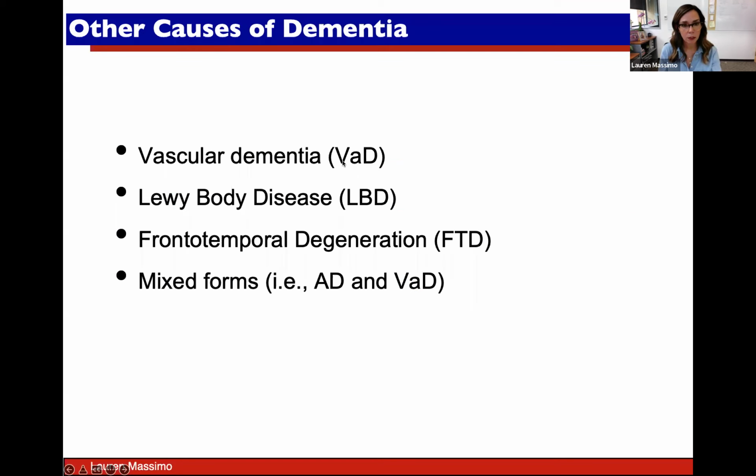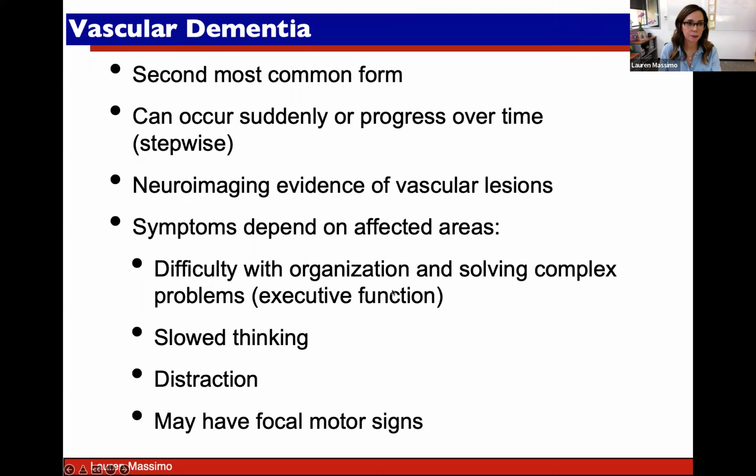Other common causes of dementia that I want to point out include vascular dementia, Lewy body disease, frontotemporal degeneration, and quite commonly we see mixed forms of Alzheimer's disease and vascular dementia. Vascular dementia, the second most common form of dementia, is also called multi-infarct dementia or small vessel ischemic disease.